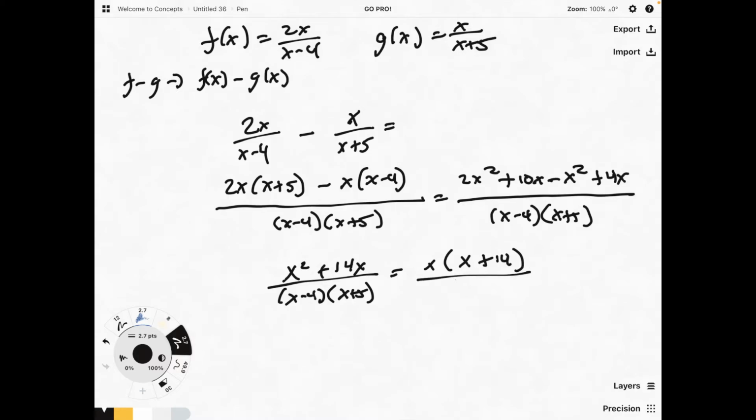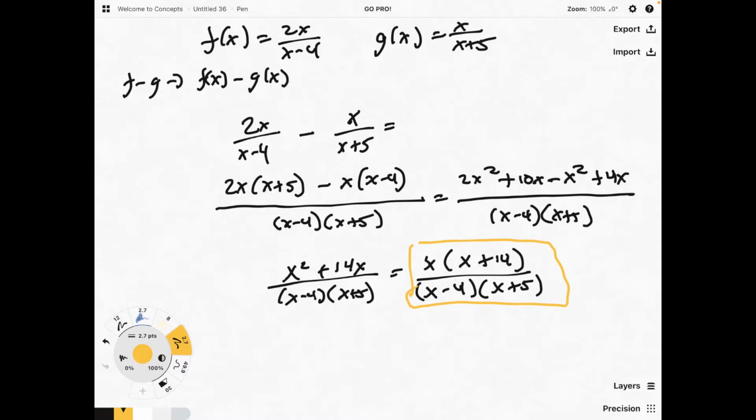And then in our denominator, we have the x minus 4, and we have the x plus 5. And this is our answer. Fairly simple. Again, all we're doing is substituting in the function f of x for what it equals and the function g of x for what it equals, and then simplifying as far down as we possibly can.